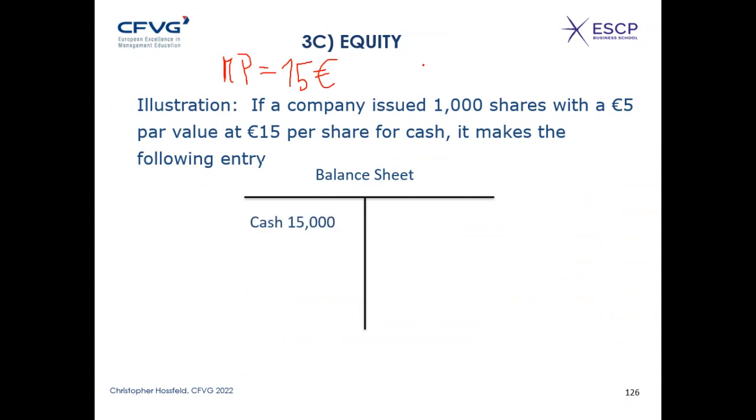Well, because remember, my target is I want to make sure that I sell all my shares. I want to sell 1,000 shares at 15 so that I get my 15,000 in cash. That's why we're doing this. Okay. Well, if I propose the new shares for 15 euros, which equals the current market price, now the investors are equal to either buy the shares on the market, the existing shares, or buy new shares with the company.